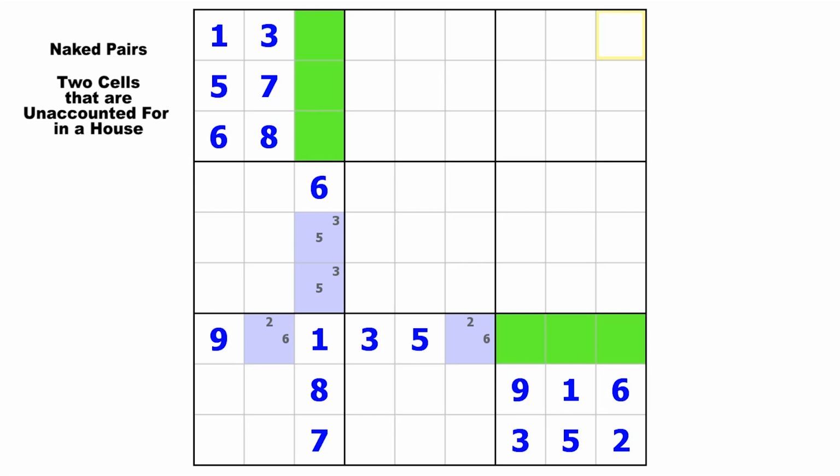So even though at first glance it looked like there were 5 empty cells in column 3 and in row 7, by recognizing the existence of the 2 triples without actually filling them in, we can see that there are really only 2 cells that are unaccounted for in each of those houses, allowing us to enter those naked pairs. Got it? Okay, let's go to the next example.